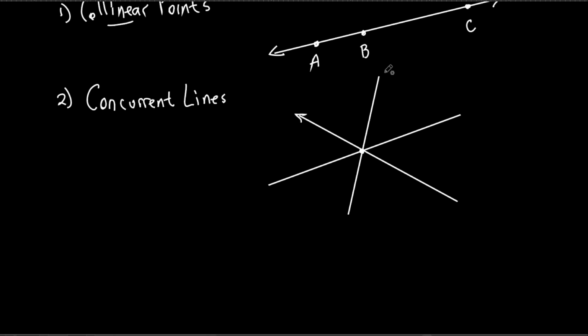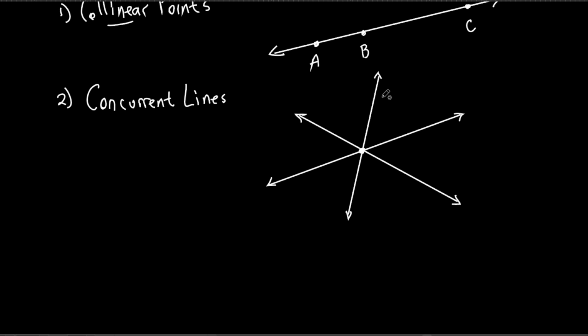Now, if they're lines, what should they have on the ends of them? Arrows. Because they keep going on forever. So those are all lines, but they just happen to intersect at one point. That's the key. They intersect at one point, and that's the point right there.